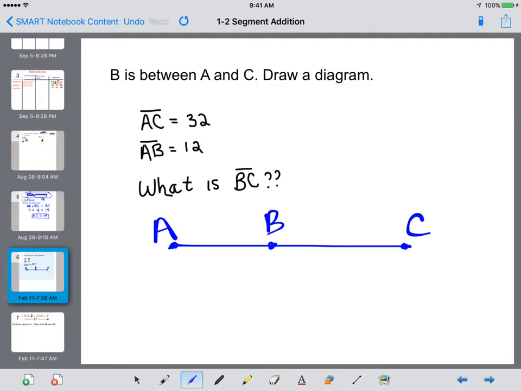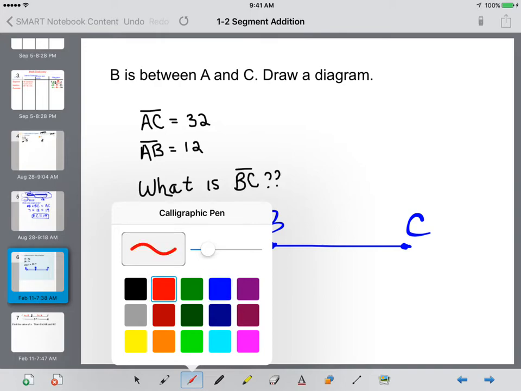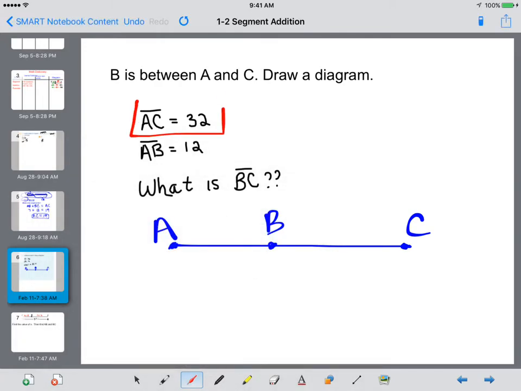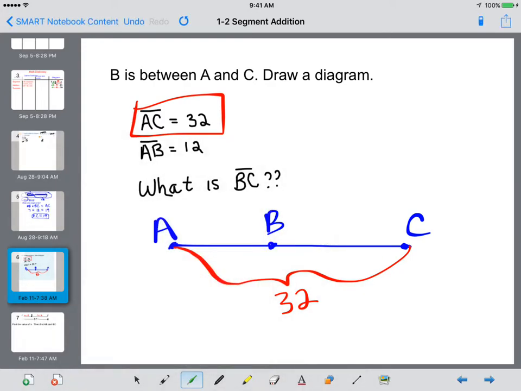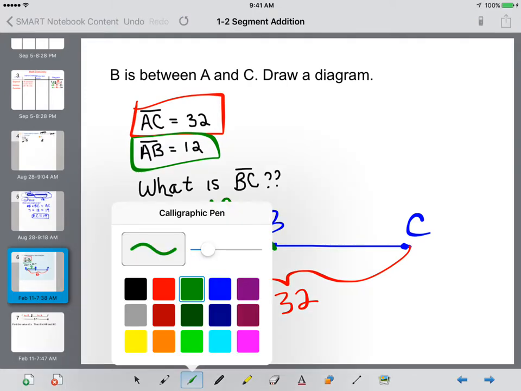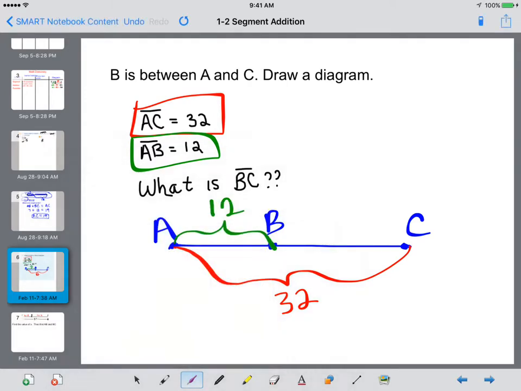What we're given this time is AC is 32. So from A all the way to C is 32. AB is 12. What we're missing is BC.